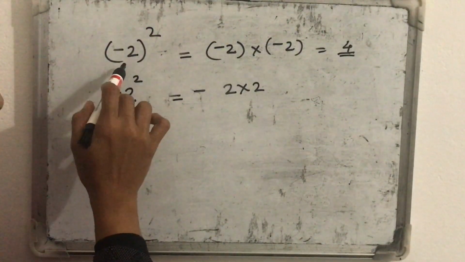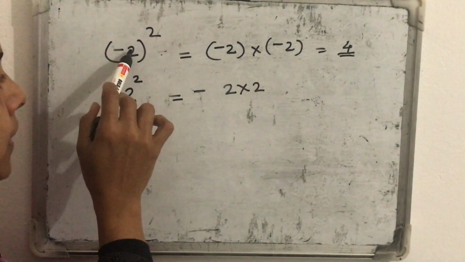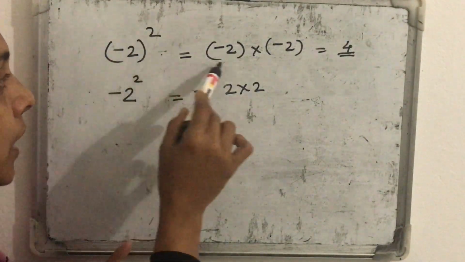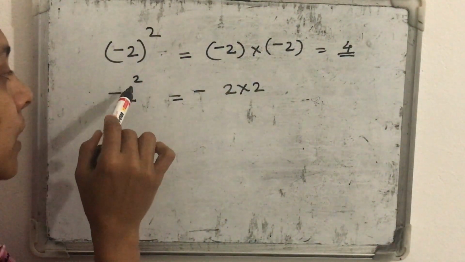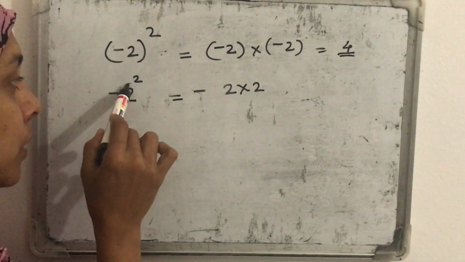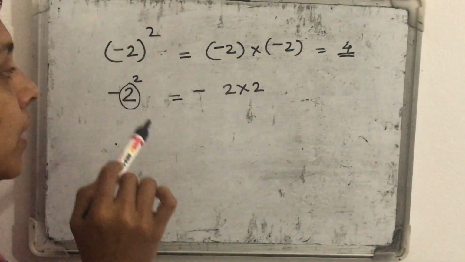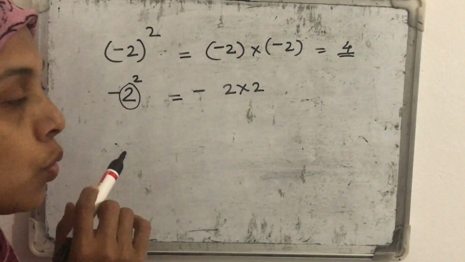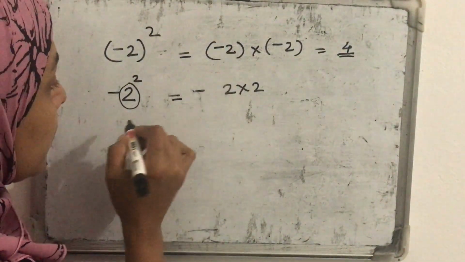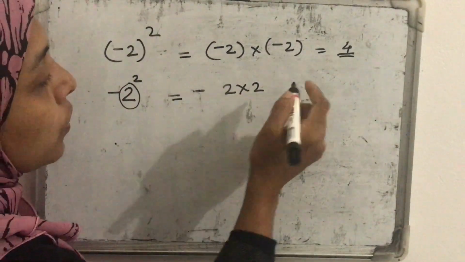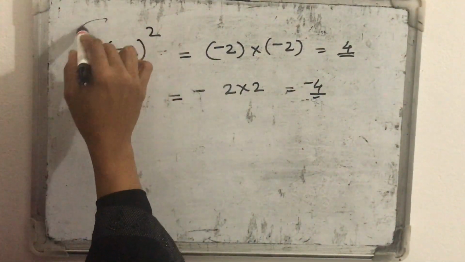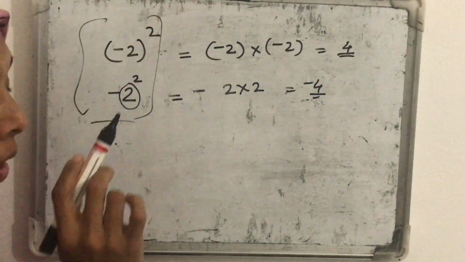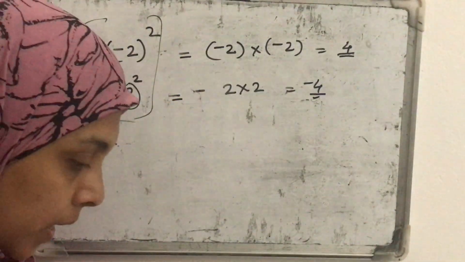If there is a bracket, then the negative inside it is multiplied. But here the power is only for the number 2, so the base of that exponential is 2 only. Minus is common, then 2 into 2, so its value will be minus 4. That is a common mistake, all of you should take care. Okay.